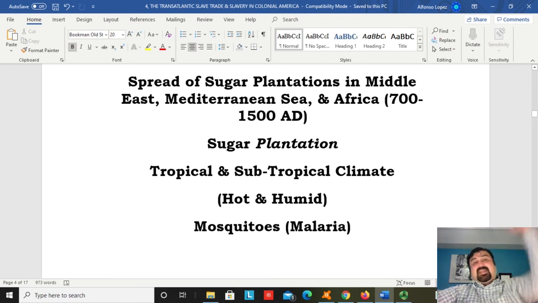So we're going to see the creation of a commercial, agricultural enterprise that will be known as the plantation. In this case, we're talking about the sugar plantation itself. This is an agricultural enterprise in which the people running the plantation are trying to grow sugar on a massive scale for exports. That's what a plantation is.